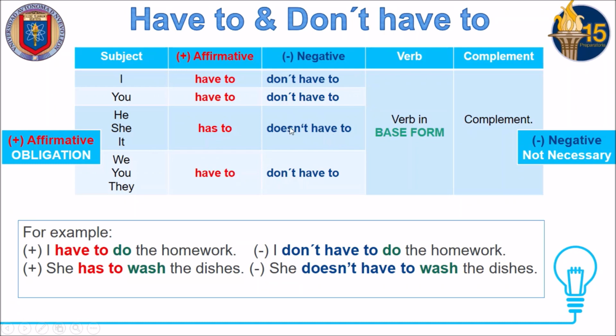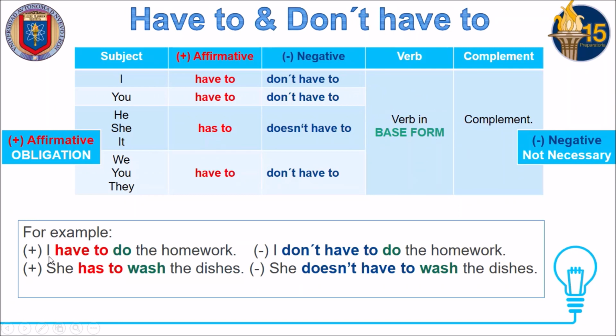You need to say doesn't have to, followed by the base form. And the plural ones, we, you, and they, you're going to use have to and don't have to. As you can see, the only one that is changing is the third person. All of them use the base form, so this is the golden rule, and the complement.